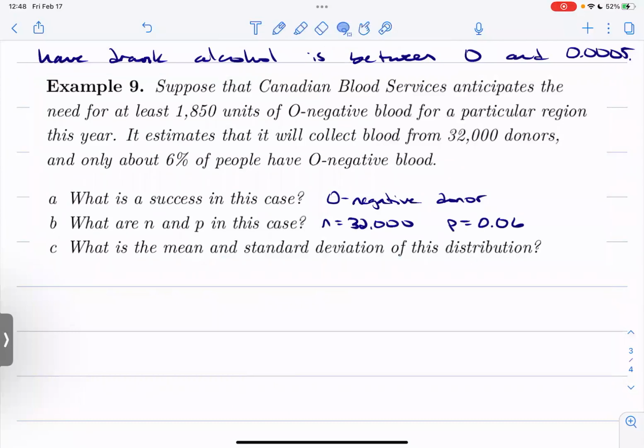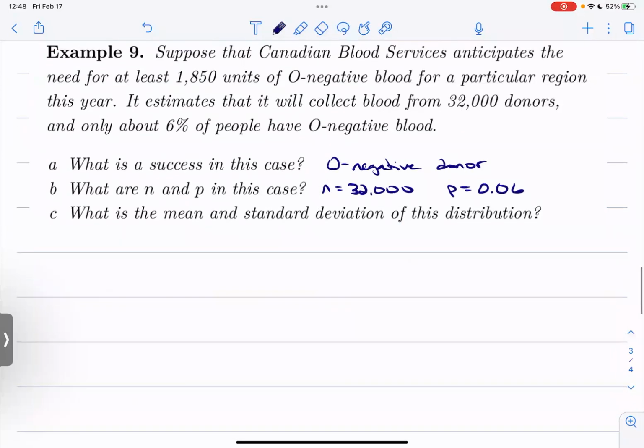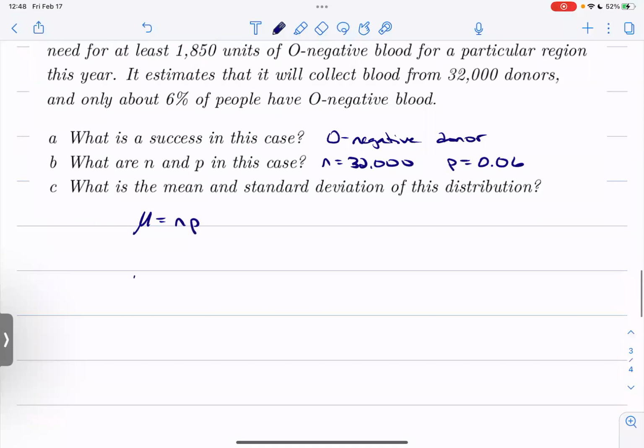What is the mean and standard deviation of this distribution? Well, we know the mean is N times P, so the mean is 32,000 times 0.06. I get a mean of 1,920, which is also how many O negative donors I would expect to see if I was able to get 32,000 donors.